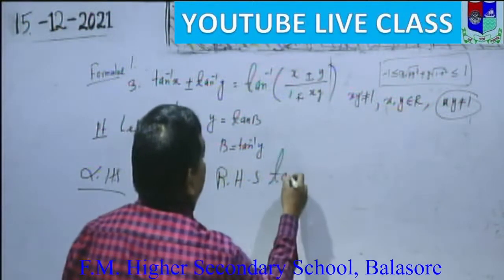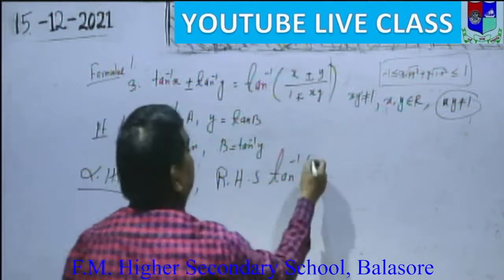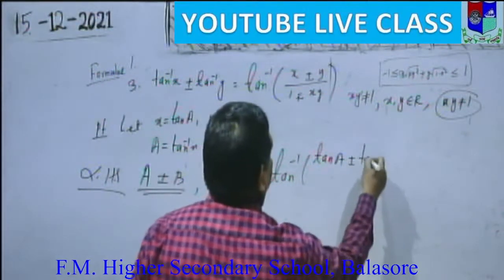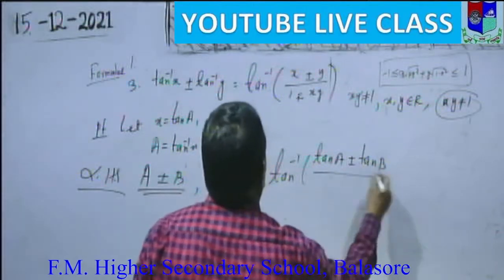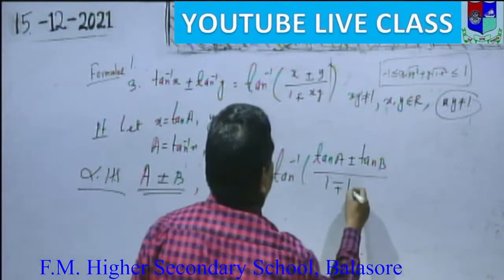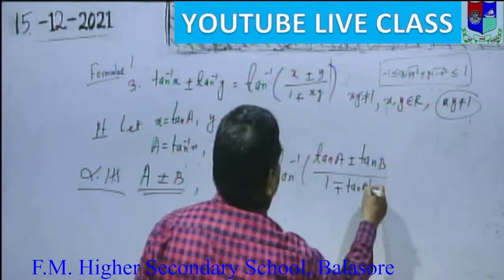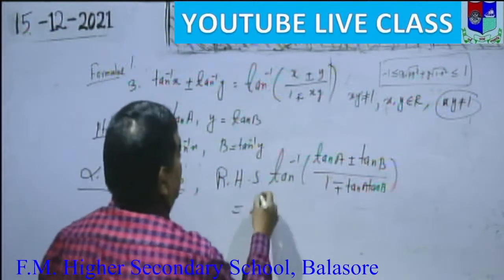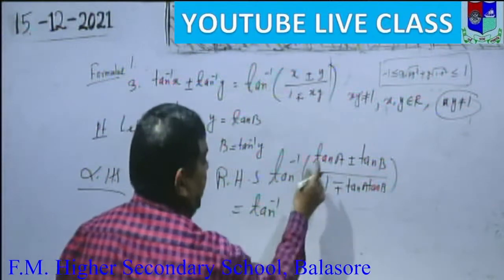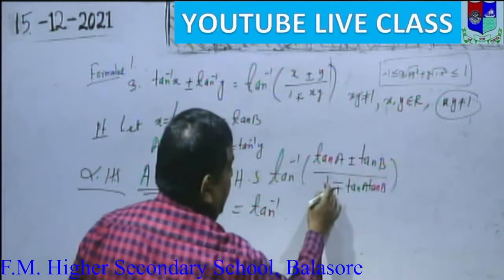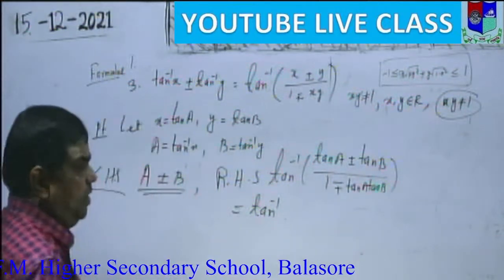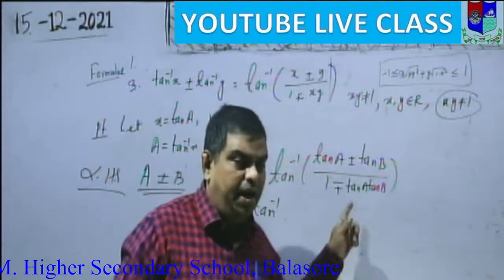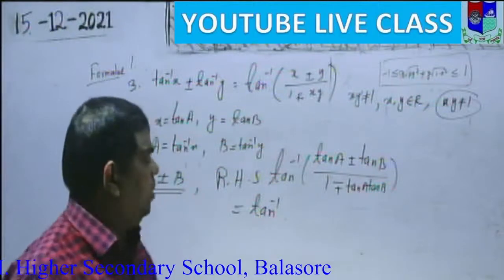That is tan inverse of x is tan a and y is tan b, so tan a plus or minus tan b by 1 minus or plus tan a into tan b. This is the tan formula: tan a plus tan b divided by 1 minus tan a into tan b.